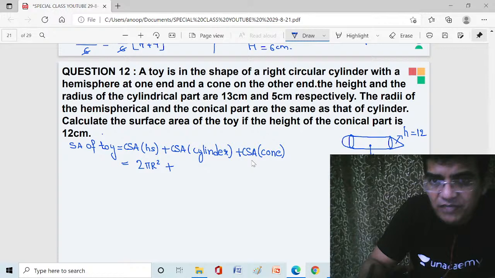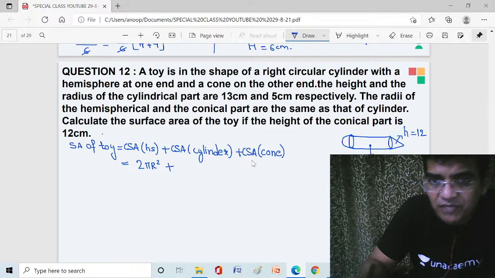Okay, now coming to this part. As you can see here, you can take pi and r common. So let's take pi and r common before substituting the values. So it's 2r plus 2h plus L. Now you substitute the values. Pi will be replaced by 22 by 7. Radius will be 5.